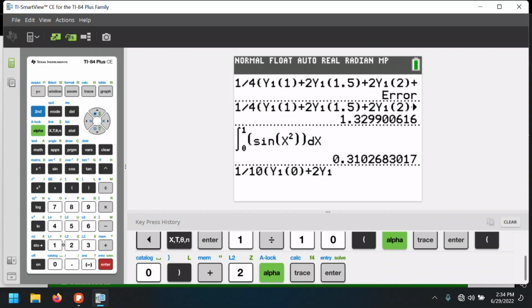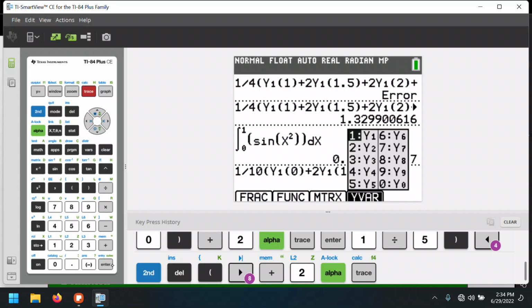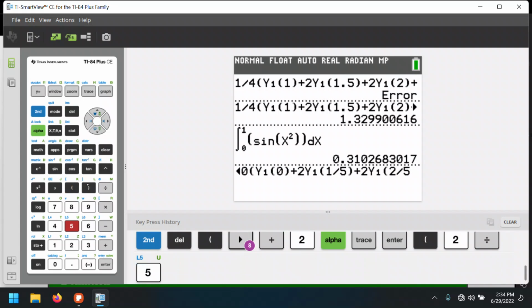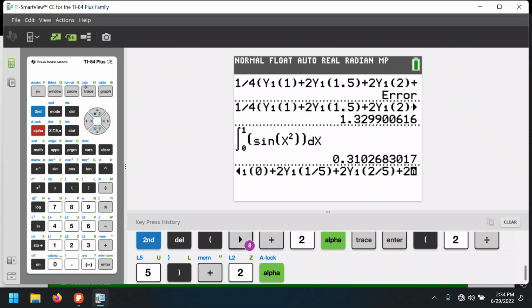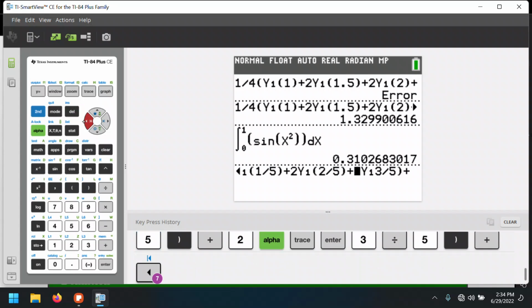That's 1/5. Plus 2 times alpha trace evaluated at 2/5, plus 2 times alpha trace, enter, 3/5, plus, oh, I forgot a parenthesis.